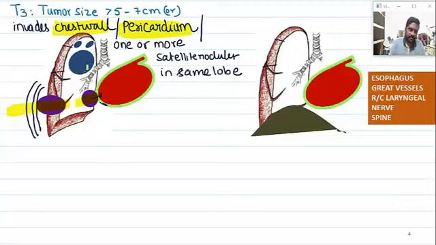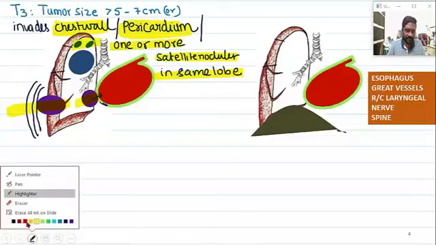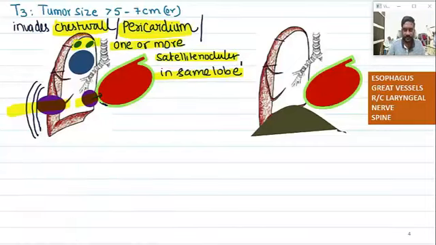Along with a primary tumor, there can be one or more small satellite nodules in the same lobe. And apart from this, in T3, we also have tumor which involves the phrenic nerve.